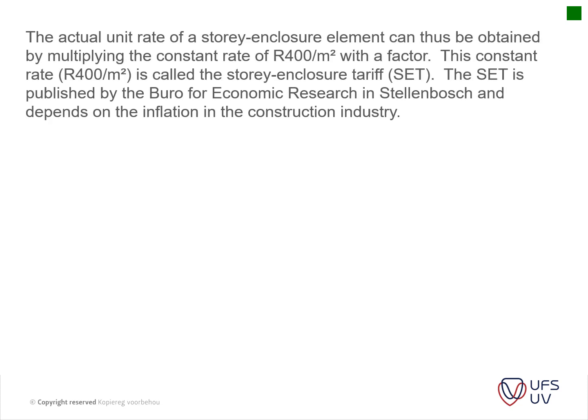The actual unit rate of a storey enclosure element can thus be obtained by multiplying the constant rate of 400 Rand per square meter with a factor. This constant rate is called the storey enclosure tariff, as spoken about last week. The tariff is published by the Bureau for Economic Research in Stellenbosch and depends on the inflation of the construction industry.